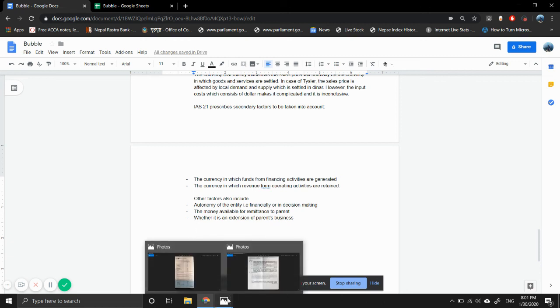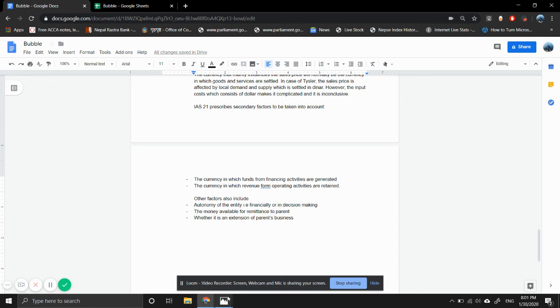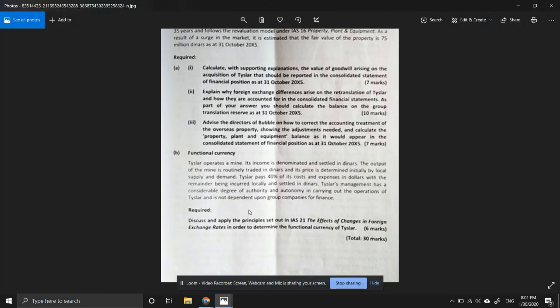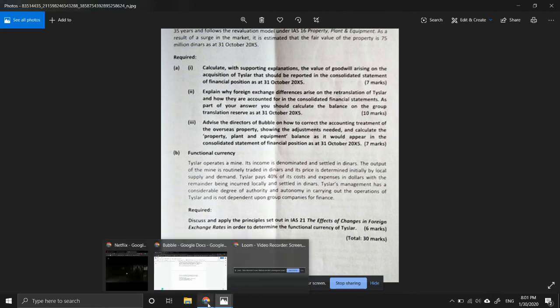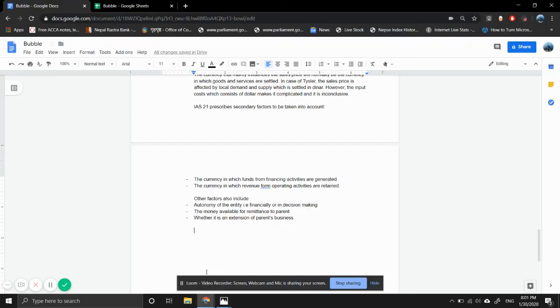So in case of Tislar, what has happened is that costs are incurred locally. Tislar management has a considerable degree of autonomy, not dependent upon the group for finance.